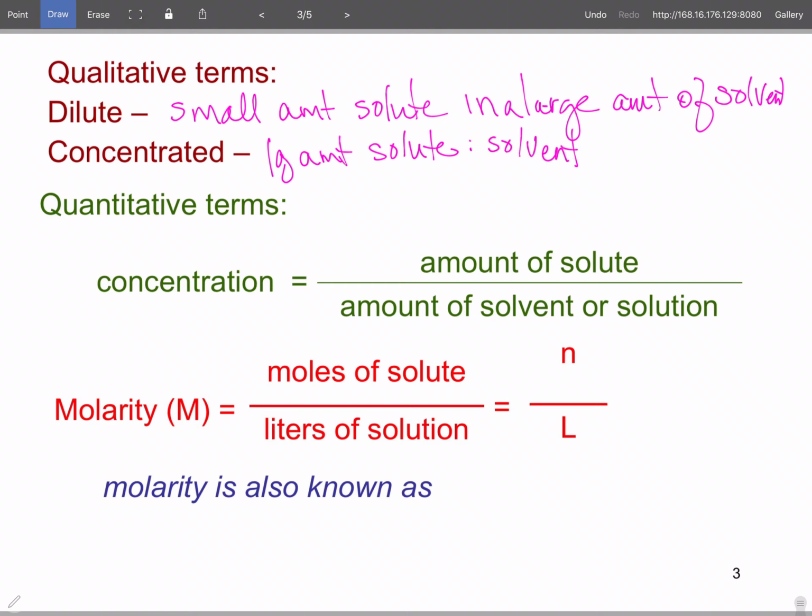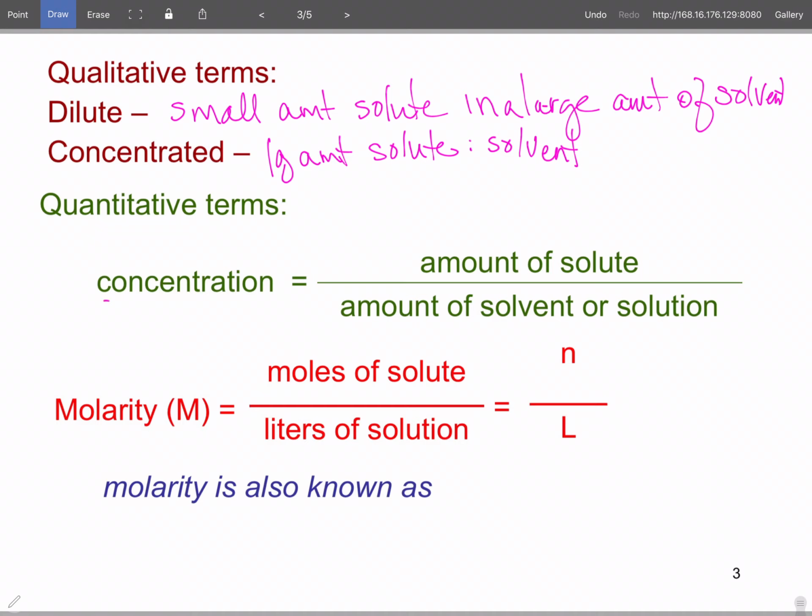Okay? So, in a dilute solution, you don't have that much solute. In a concentrated solution, you have a lot of solute. You know, concentrated orange juice. Okay, so these are qualitative terms. Those don't really tell you how much.